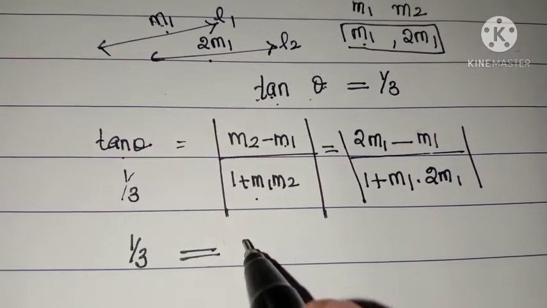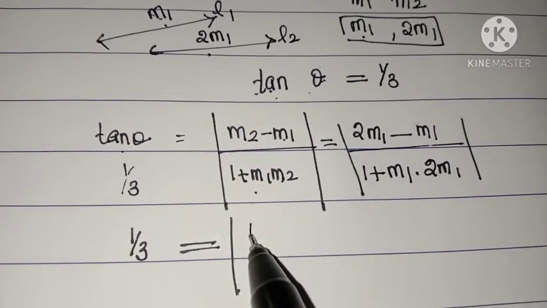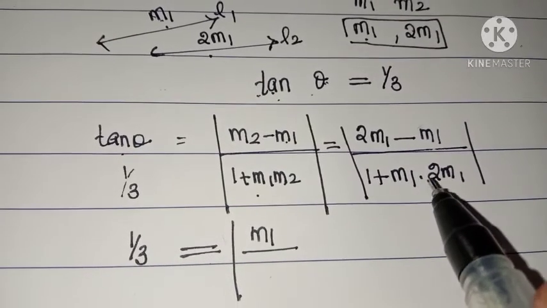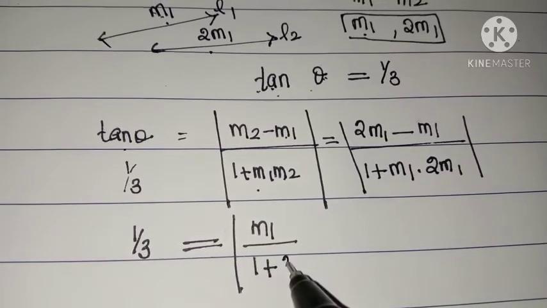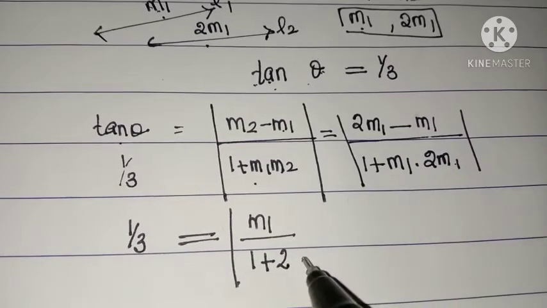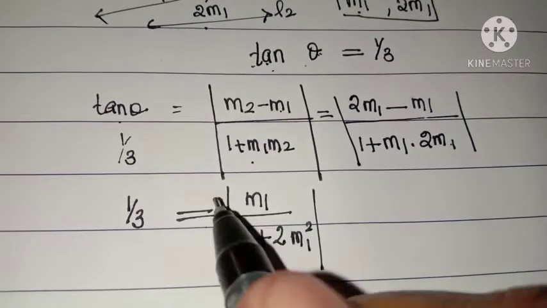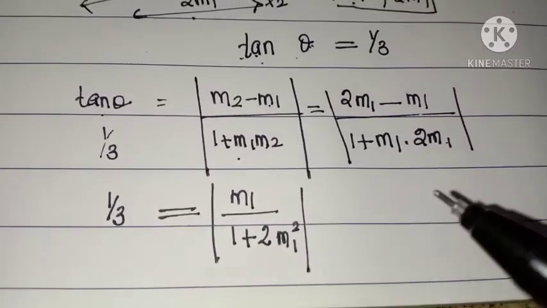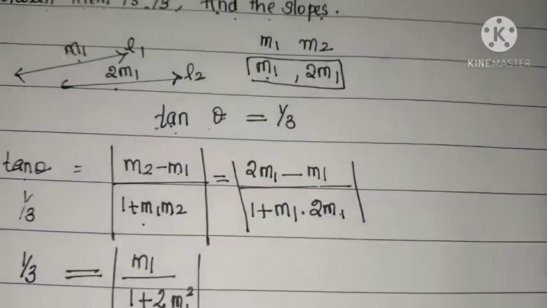Now simplify here: 2m1 minus m1 is m1, by 1 plus m1 into 2m1, that is 1 plus 2 m1 square. Now this quantity is either positive or negative, so we have to consider both cases, positive and negative.